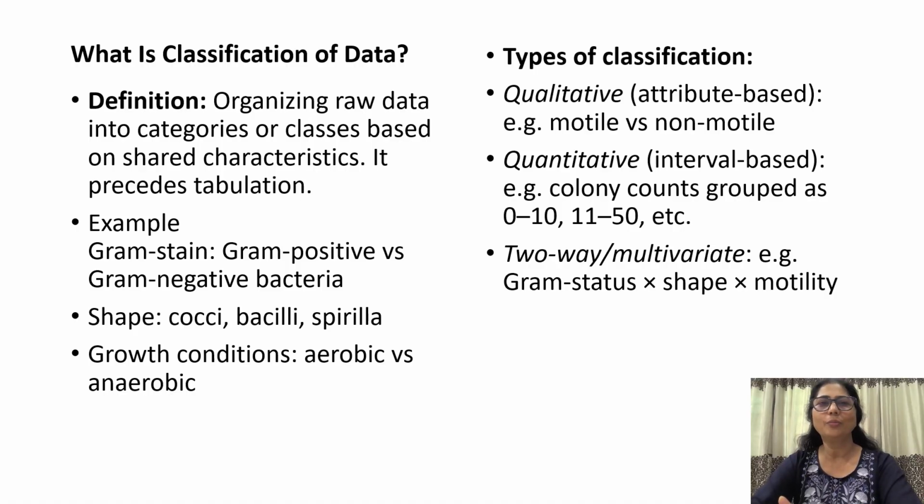This is called classification of data, and it is followed by tabulation. For example, bacteria can be classified on the basis of gram staining, gram positive or gram negative, their shapes like cocci, bacilli, spirilla, and growth conditions like aerobic and anaerobic.